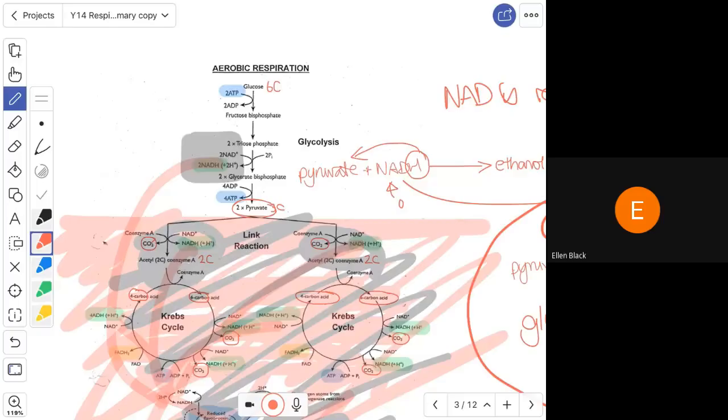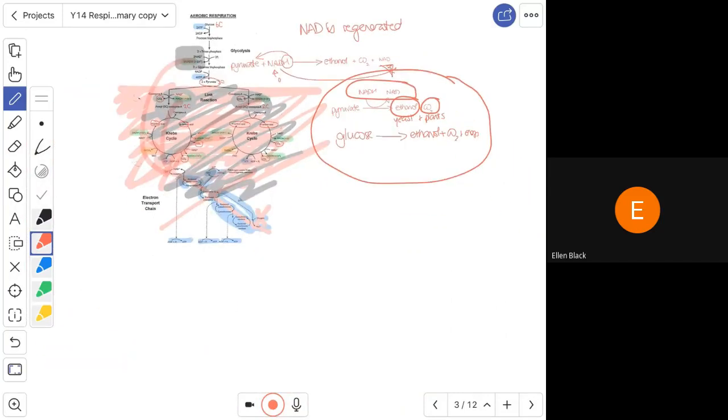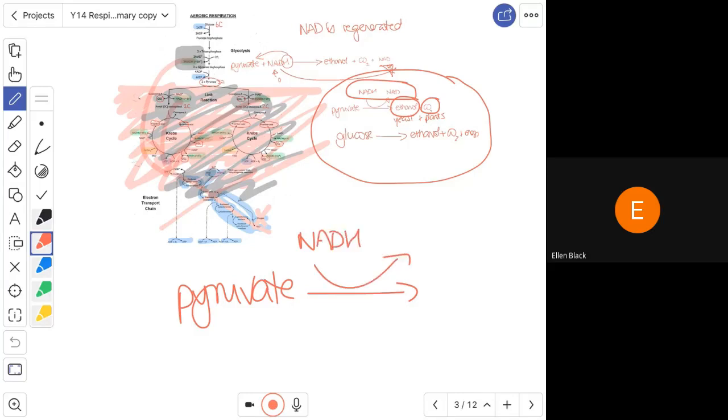In your muscle cells, it's slightly different. Again, at the end of glycolysis, you've got pyruvate, you've got NADH. It passes its hydrogens onto the pyruvate and is regenerated, or oxidized, and you get lactate, which you might have called lactic acid.